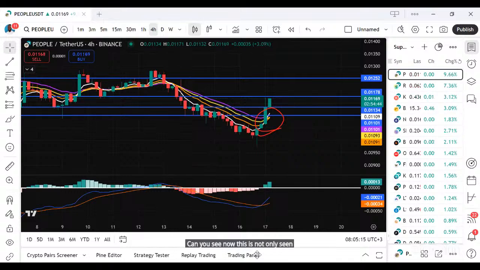Now, this is not only seen on TradingView alone. Let me show you something. This can also be seen on your RoyalQ application.